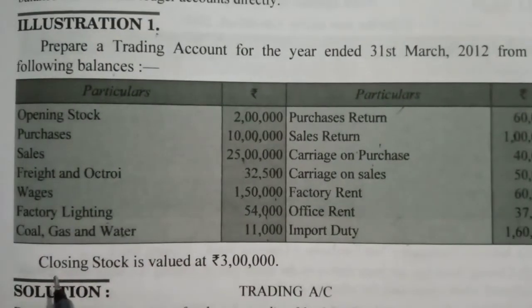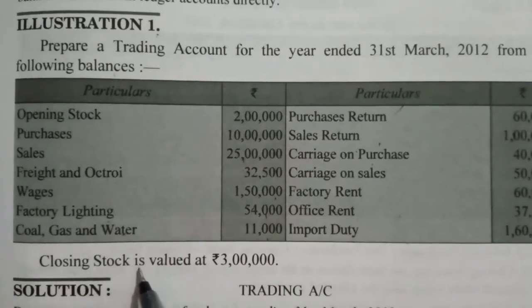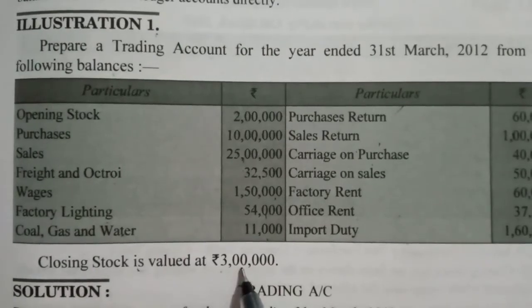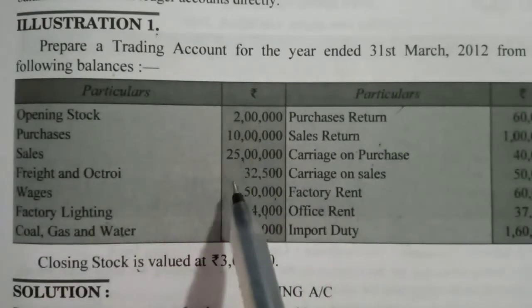After this, one thing, that is closing stock, valued at 3 lakh, is given outside the trial balance.